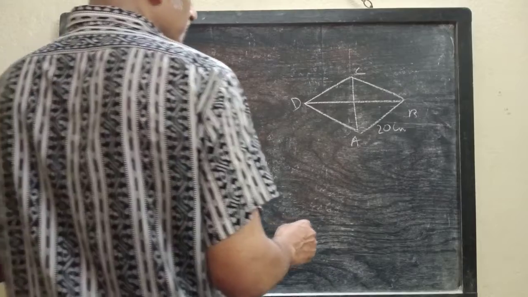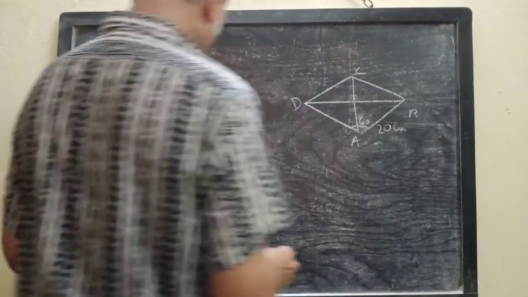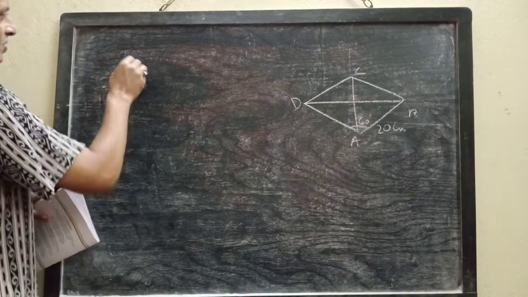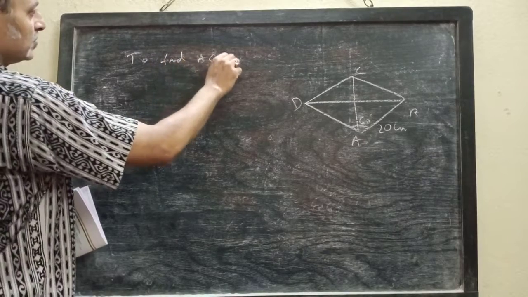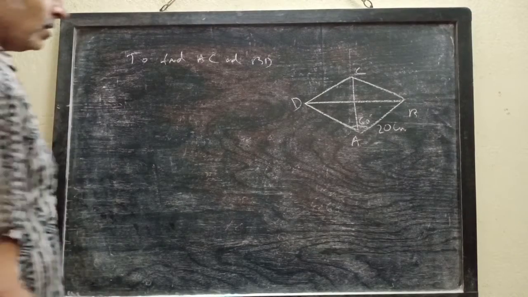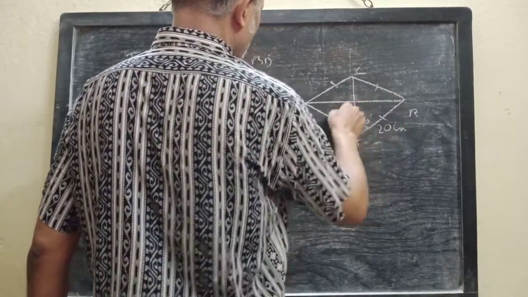BAD is 60 degrees. This angle is 60 degrees. You have to find AC and BD, that is, the lengths of the diagonals. Now look, as it is a rhombus, all the four sides are of equal length.